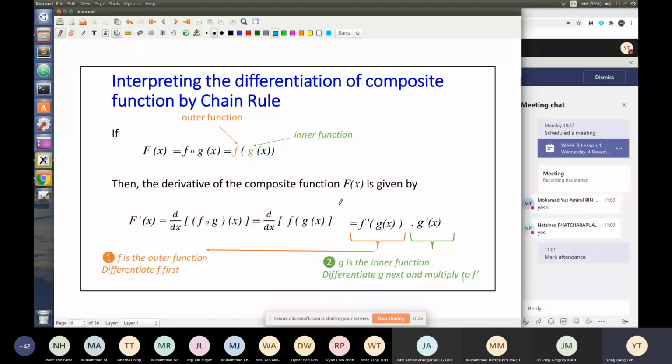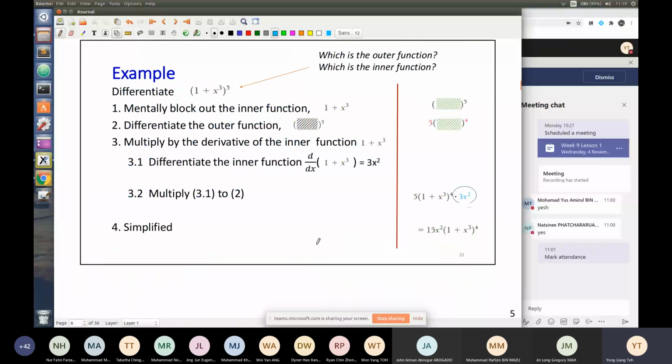All right, so this is about differentiating the inner and outer function. It is always the outer function differentiated with respect to the inner function, multiplied by the differentiation of the inner function with respect to the independent variable. This is just a very lengthy way of writing it in terms of outer and inner functions. So let us apply the chain rule to this example.